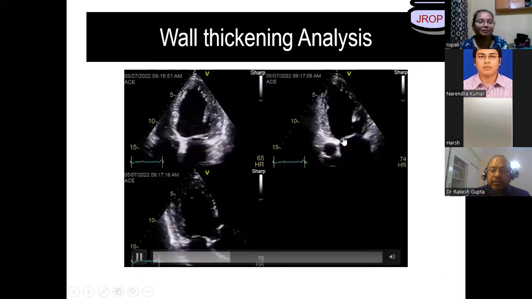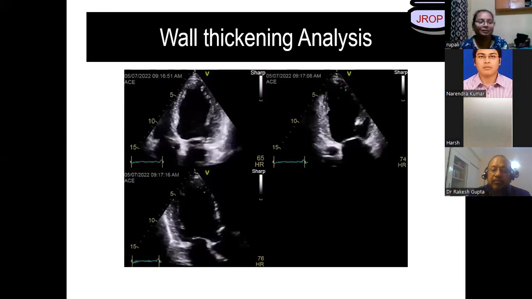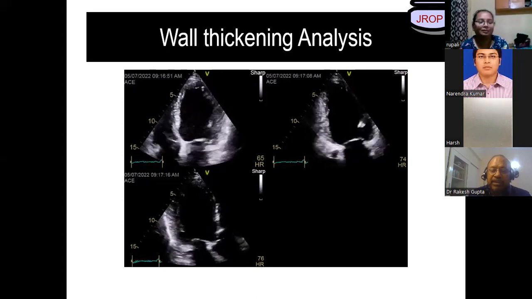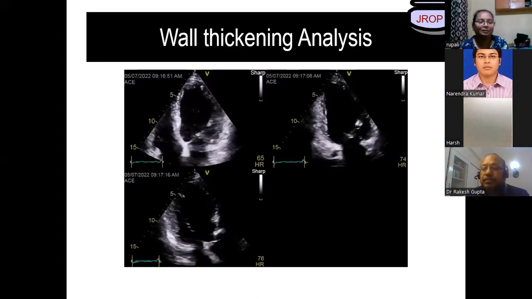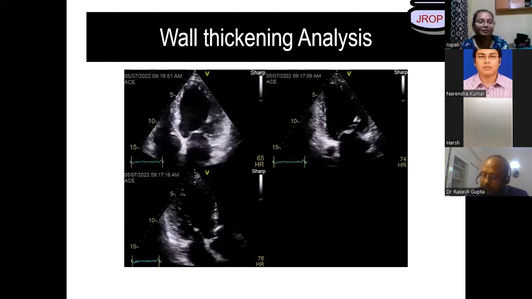Sir, apical three-chamber view, sir. There's only one more left. Apical 2, apical 3 or apical 5? Apical three-chamber view, sir. It's not the apical 3-chamber view. You cannot make one more attempt.